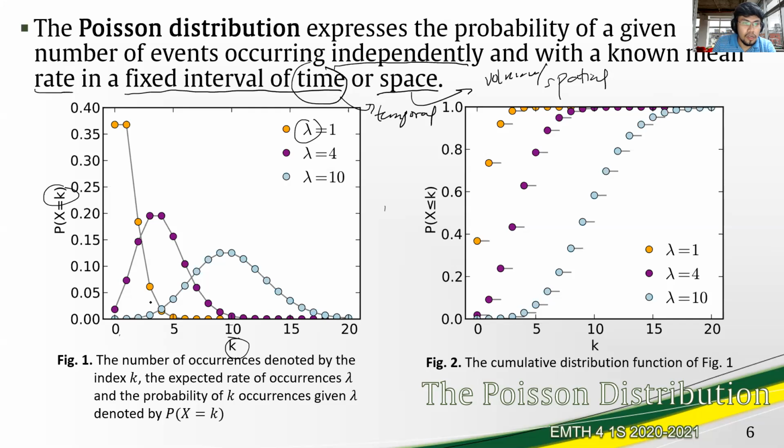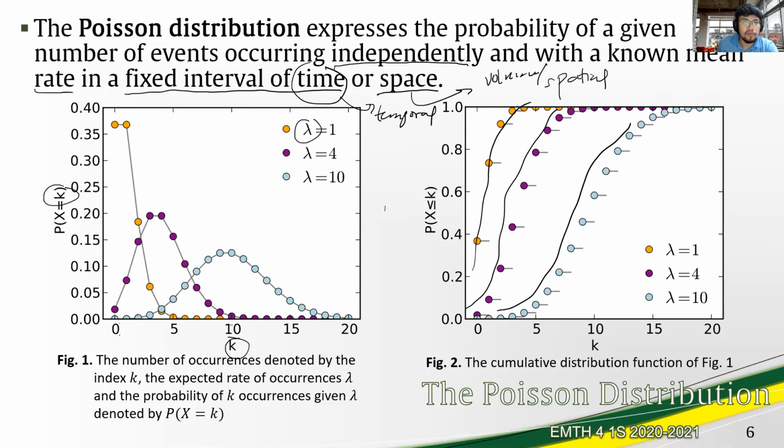You have integer values of k, making it a discrete probability distribution. Figures 1 and 2 are the plots of the probabilities of the distribution. Figure 1 is the probability, and figure 2 is the cumulative distribution function, or CDF. That's why you see it is increasing. This could also be presented in tabular form.